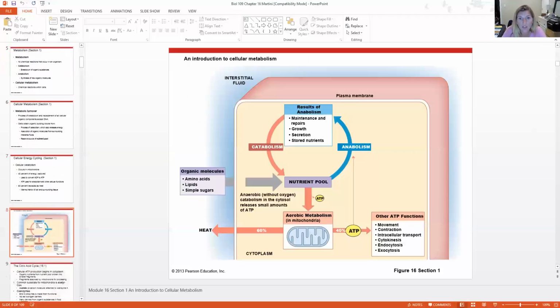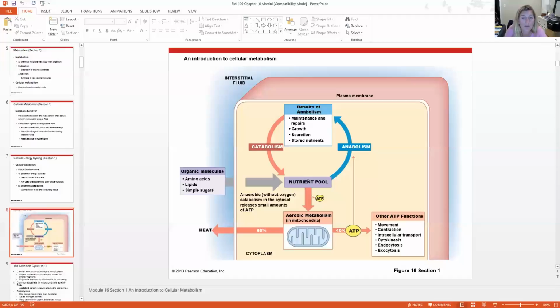Here you see an overview of the metabolism process. You have all of the organic molecules, amino acids, lipids, etc., coming into our cells. They are being broken down and built back up and form something called a nutrient pool.